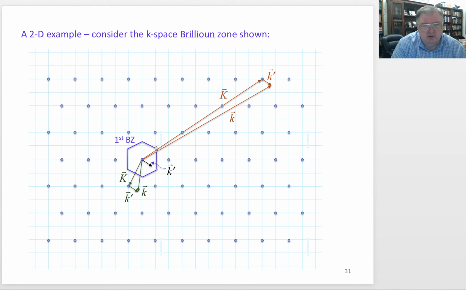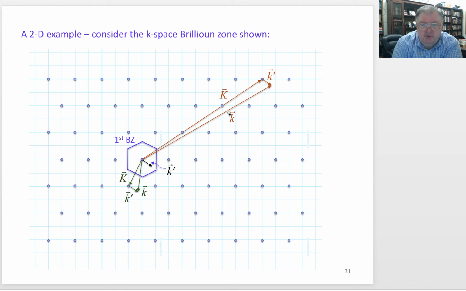Recall this 2-dimensional picture. Here's our first Brillouin zone, this octagon that I show you here. Suppose for a k vector, I just pick this one, some far away, like that. So notice what I'm doing for my construction. Here's my k vector. I take a big K vector, which basically goes to the nearest lattice point.